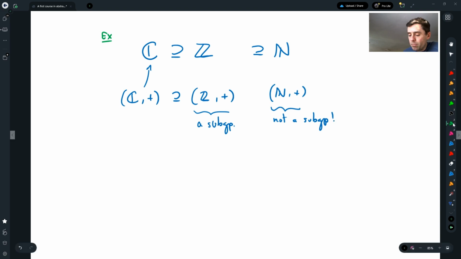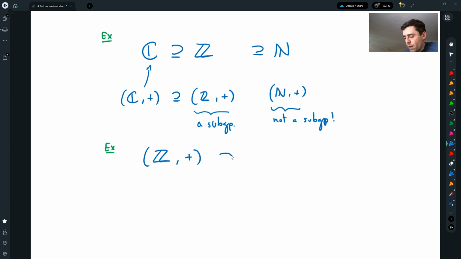Okay. Another example is the following. I can have Z under addition, and then I can embed in here {0, 1}, which is a subset of the integers, under addition modulo 2. In here we are thinking of 0 and 1 really as Z modulo 2. So I'm going to be adding: 0 plus 0 is 0, 0 plus 1 is 1, 1 plus 1 is 0, and so on.